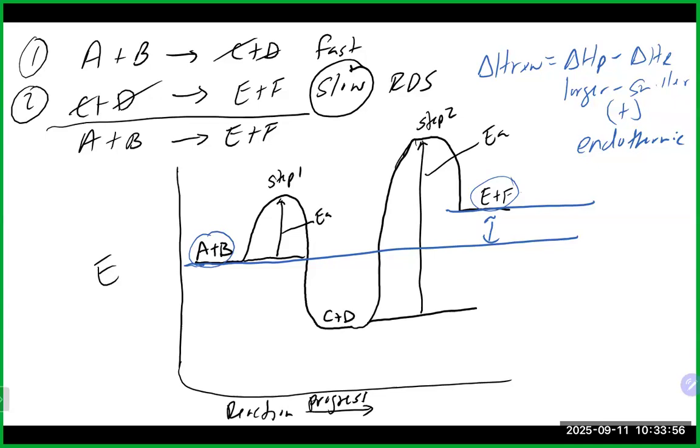So those are some things you want to think about if you're asked to draw something like that, which you might be in a lab coming up, and in some post-lab questions to draw these types of diagrams. If you have a slow step, it should definitely have a bigger activation energy than the other steps, and also the placement of reactants and products in terms of their energy levels, as to whether the overall reaction is exothermic or endothermic. Any questions on that?